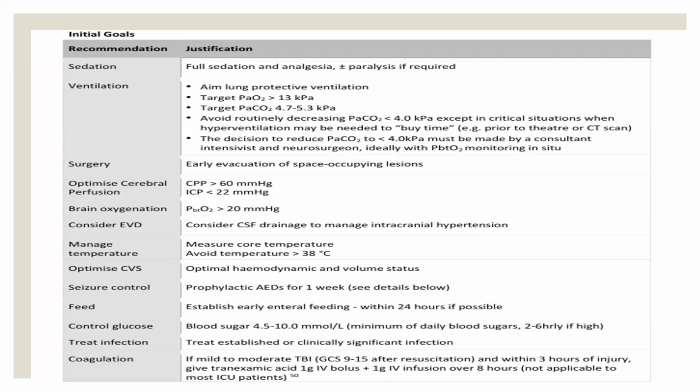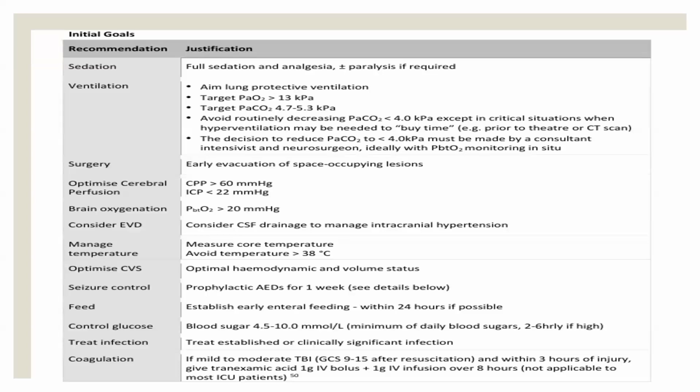Avoid routinely decreasing PaCO2 to less than 30 mmHg, unless in a critical situation where hyperventilation must be used to buy time. So a decision to reduce the PaCO2 to less than 4 kPa must be made by the consultant intensivist and neurosurgeon, and ideally with brain tissue oxygenation monitoring in situ.